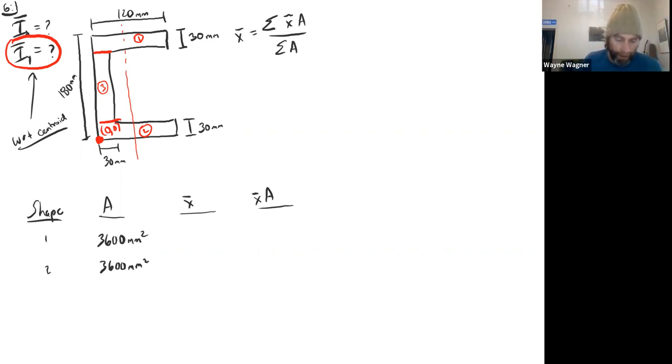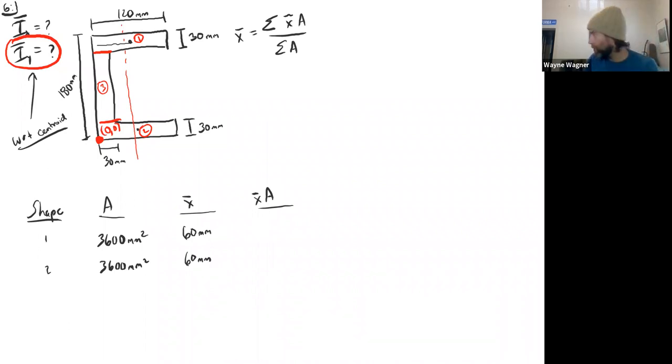Okay, so now I need x bar. Where is the centroid of 1 and 2? Well, it's a rectangle, so it's going to be right in the middle there, about 60 millimeters out.